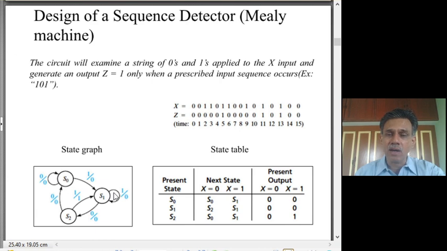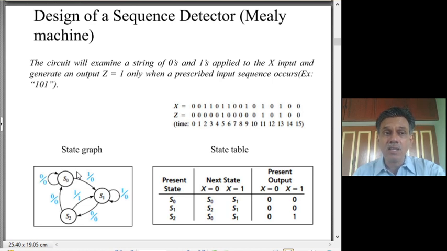Now in S1, a 1 has occurred, you have come to S1. If again a 1 comes, what does it mean? The sequence has broken. We were expecting 101, a 1 has occurred, we have come to S1. Again a 1 has occurred while we are expecting 0. So the pattern is broken. But what do we do? Should we go back to S0 and start looking for a new pattern?